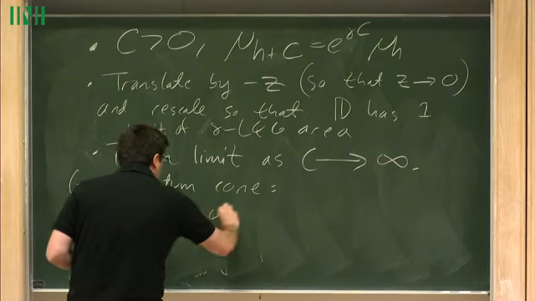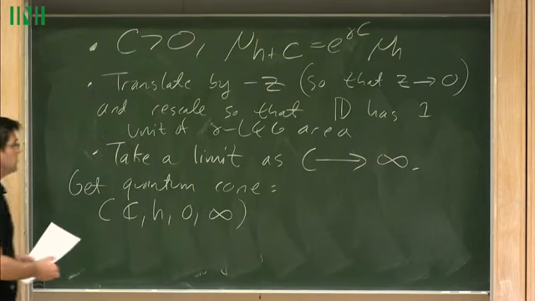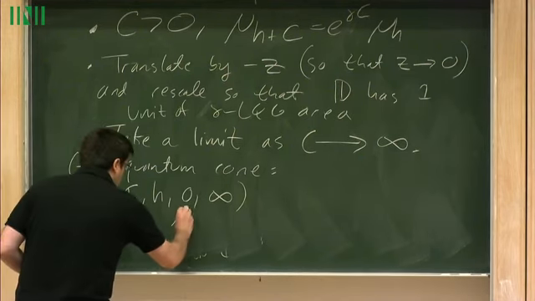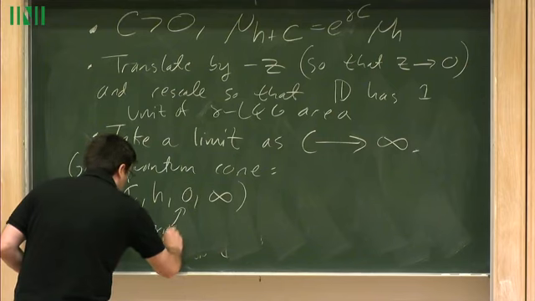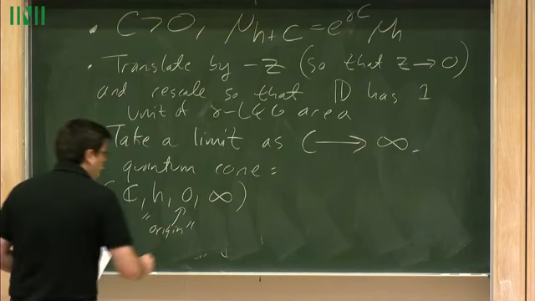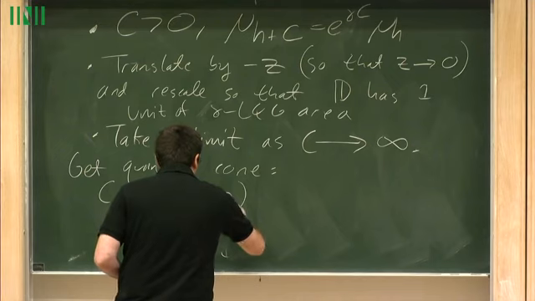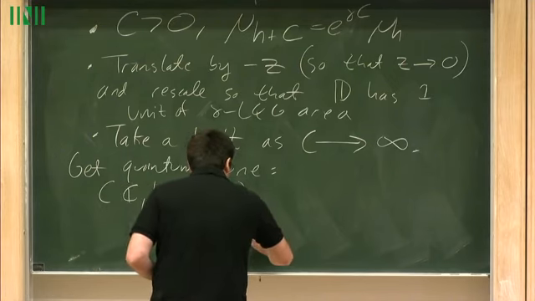And it has two special points. So you have a special point at the origin. So this is kind of like your origin in your quantum cone. And this is going to be special because this arose as the infinite volume limit around a point chosen from the Liouville quantum gravity measure. And you also have this special point at infinity.